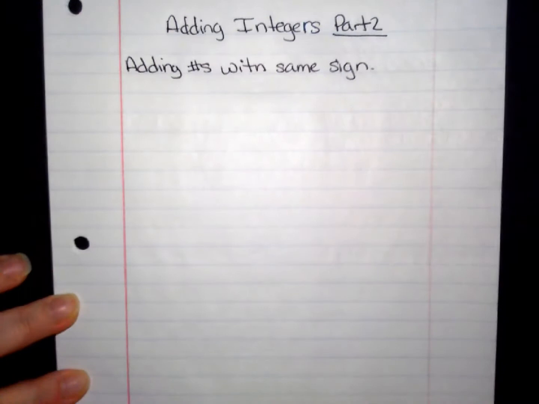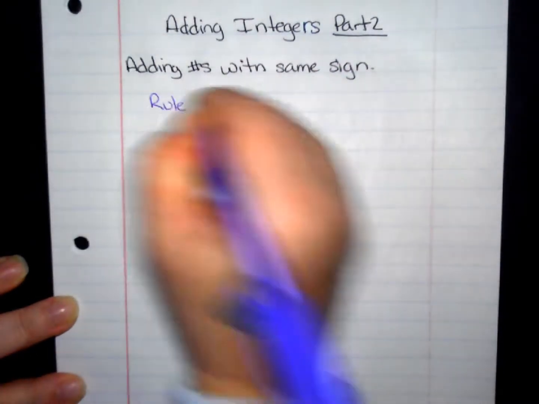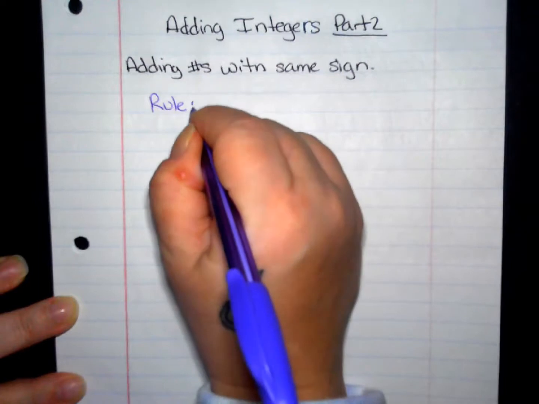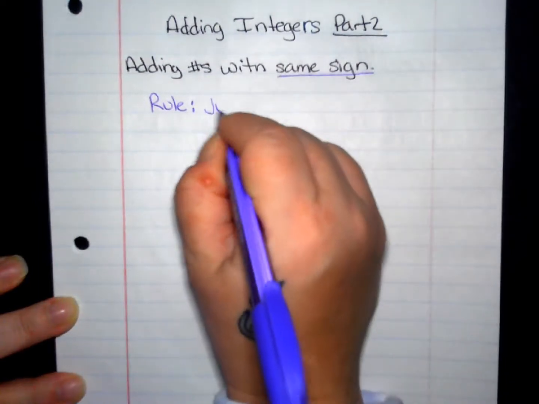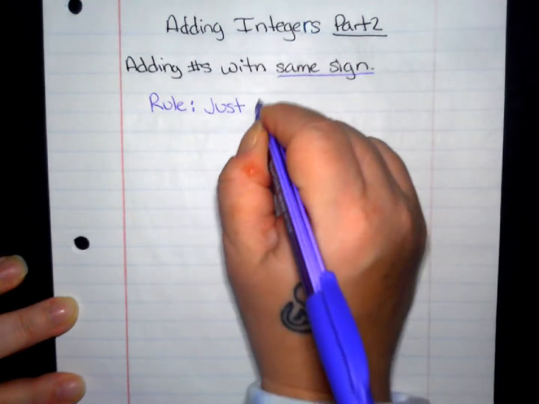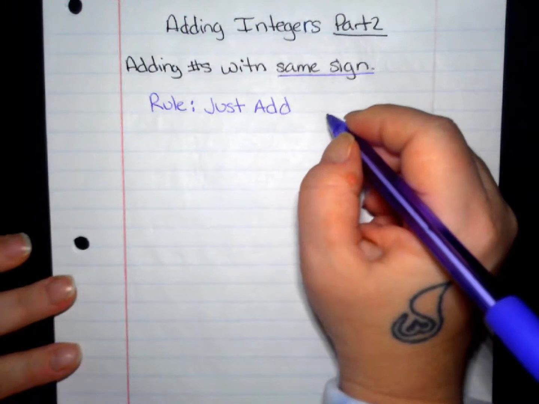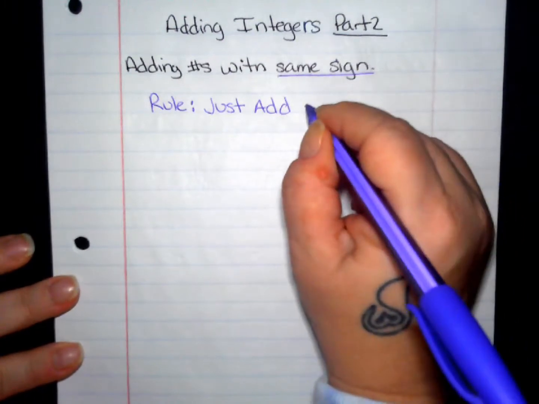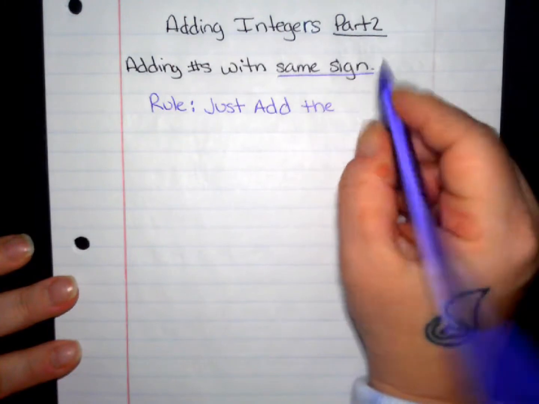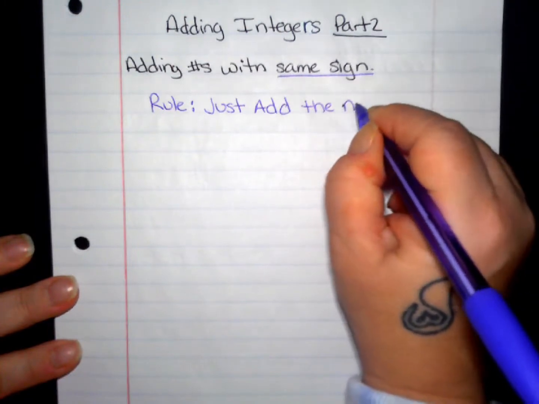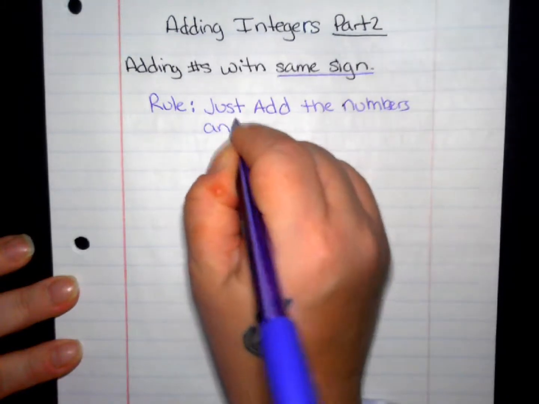The rule is, remember, for same sign, just add the numbers or the integers. Just add the numbers, not the signs. Don't worry about the signs. Add the numbers and keep the sign.